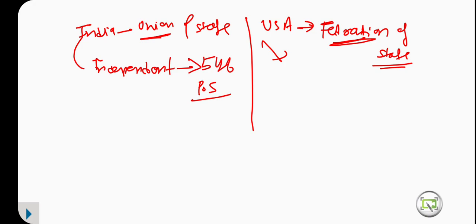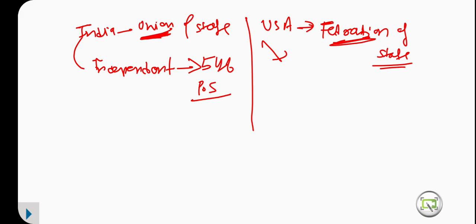These princely states came together and formed the country called Bharat or India, but they formed the country with an agreement that they will never come out from this group.